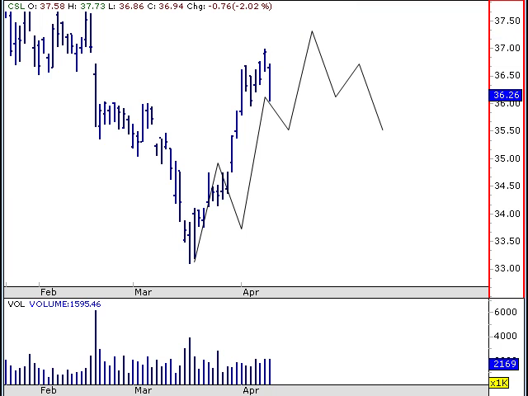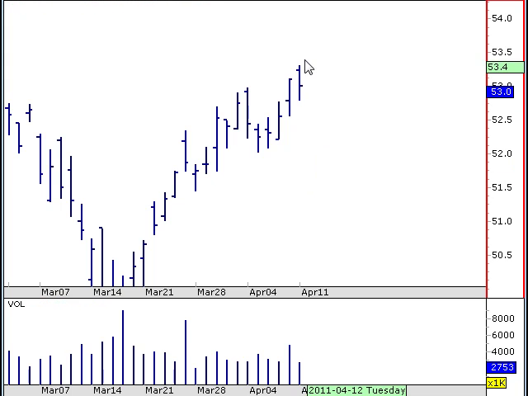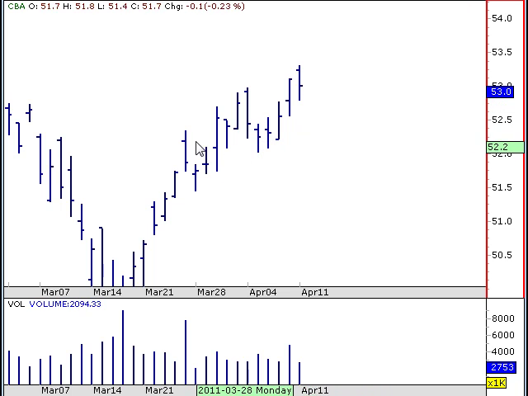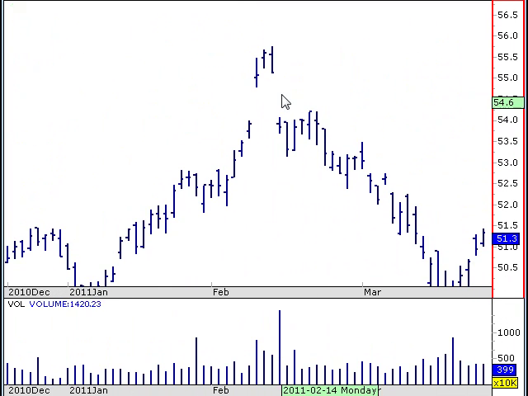If we go back to CBA, just as an example for many other stocks as well, when you start getting this bar here where it opens high and closes lower, there's weakness in the market. Now, normally they're quite severe. We've had one here, which is not that severe, but they can be as severe as this.